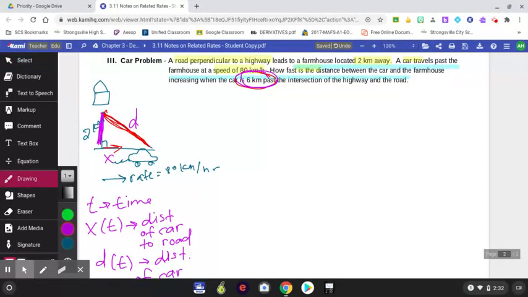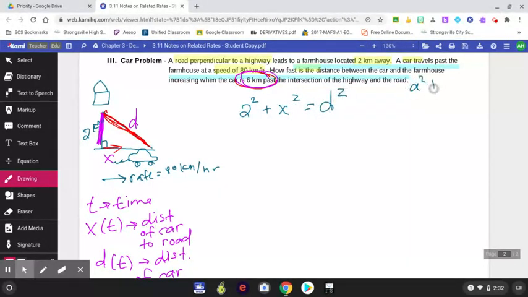Now, I said when I'm dealing with a right triangle and I'm dealing with distances or lengths of the sides of that right triangle, I'm thinking about the Pythagorean theorem. The Pythagorean theorem says a squared plus b squared equals c squared.